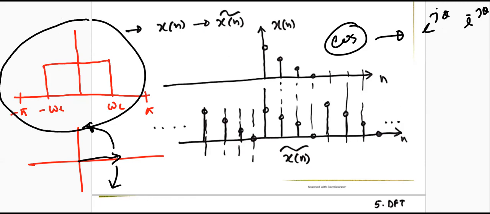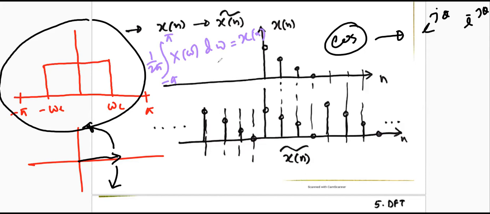Whenever you need to do the inverse Fourier transform, we do the integration from minus pi to plus pi and take the value. So what is the value of x omega? Then we deal with d omega, take the average of that, and we find the value of xn, or you can say xt.